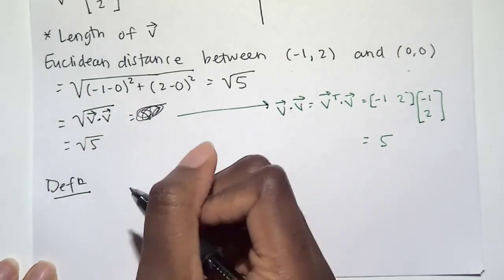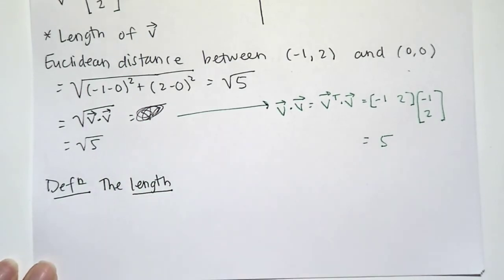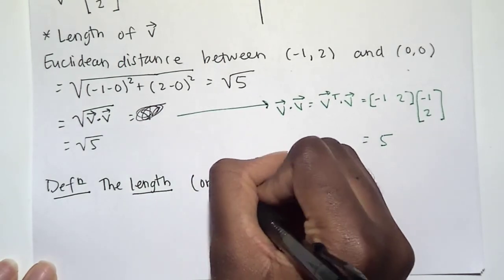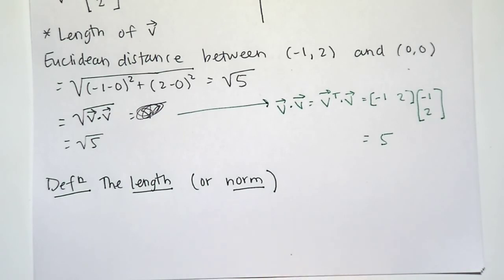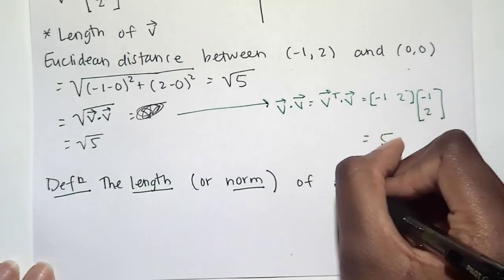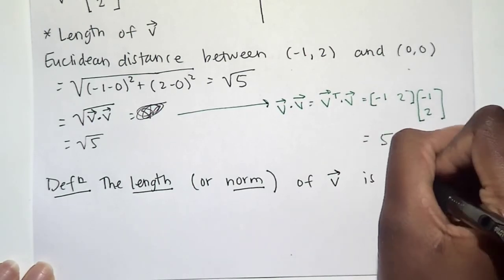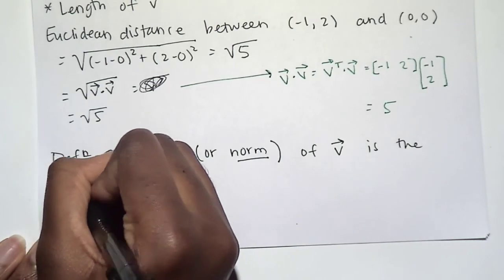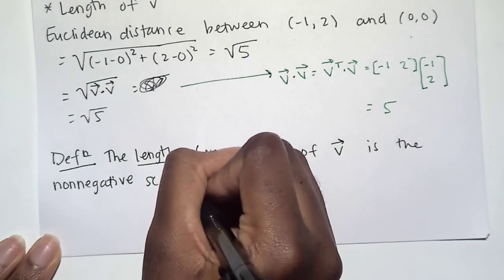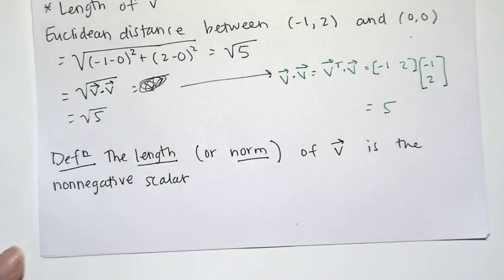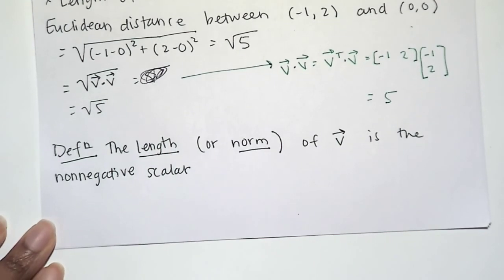All right, so the length, also known as the norm, so you may have heard norm before, it's the same thing as length, of a vector v is the non-negative scalar. And what we're going to use to denote the length or the norm is the double bar.